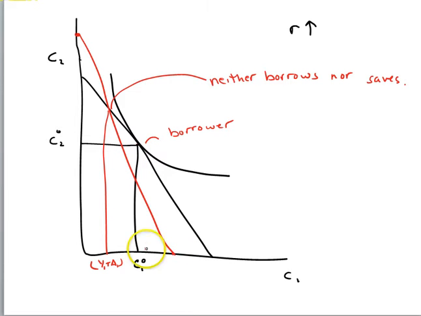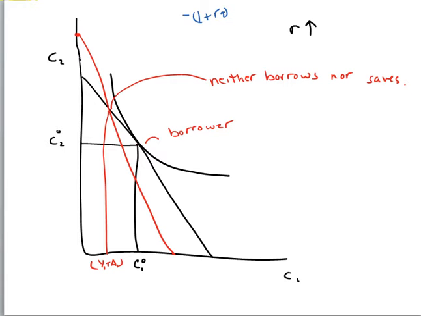What will happen to their consumption in year one and in year two? So we know that the slope of the budget line has become steeper because negative (1 plus r) now has a bigger r. So the slope is steeper.